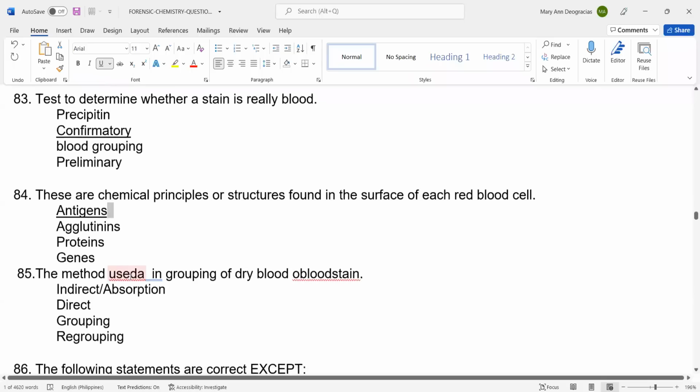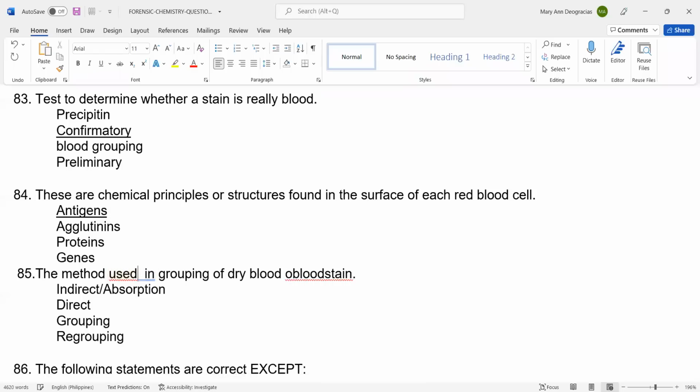Okay. So the method used in grouping of dried blood or blood stain.